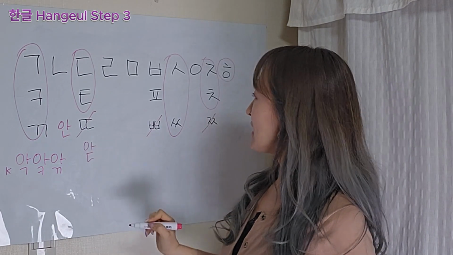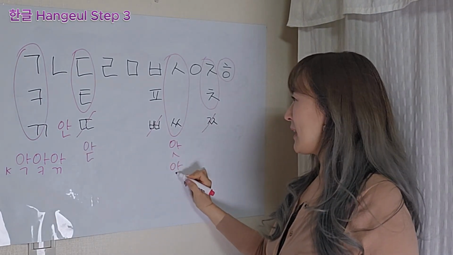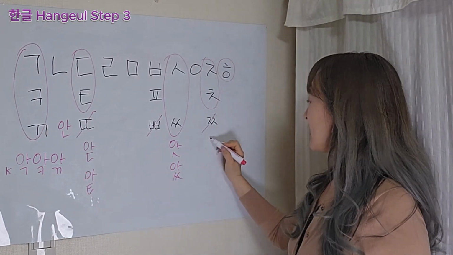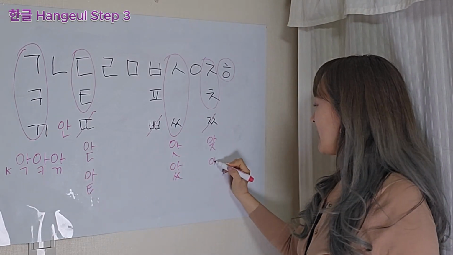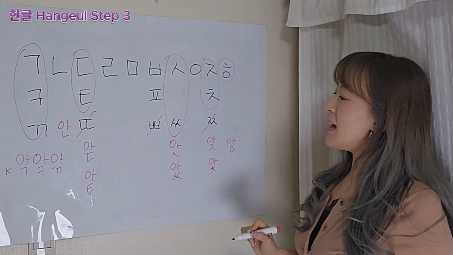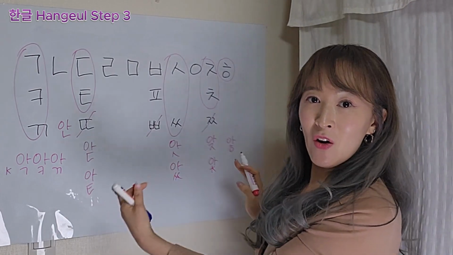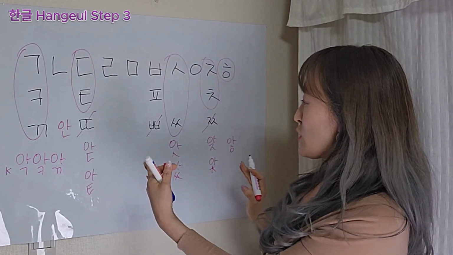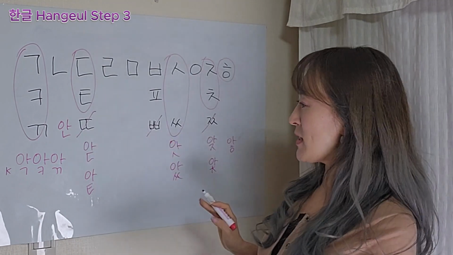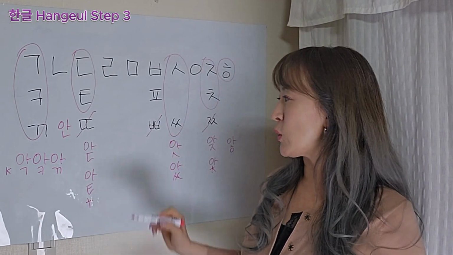At, at, at. They are all written differently, and they all have different meanings. So when you write them out, you have to use the right spelling. But when you say it, they all have the T ending sound. So at.